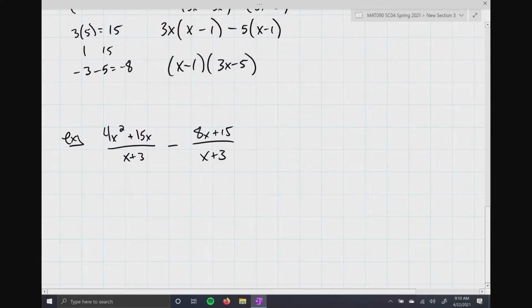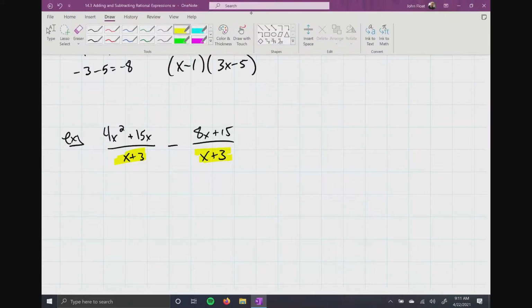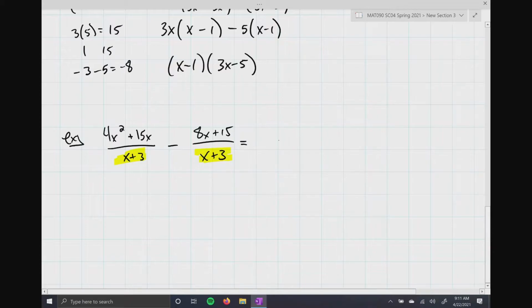Pretty good? All right, now, I'm subtracting two rational expressions. Therefore, I need common denominators. These denominators are definitely common. They're both x plus 3. So I'm going to rewrite my problem with x plus 3 in the denominator.